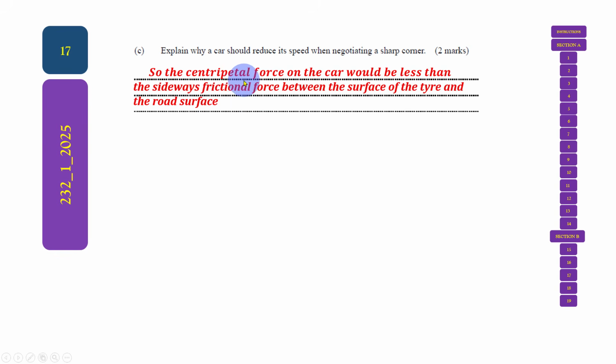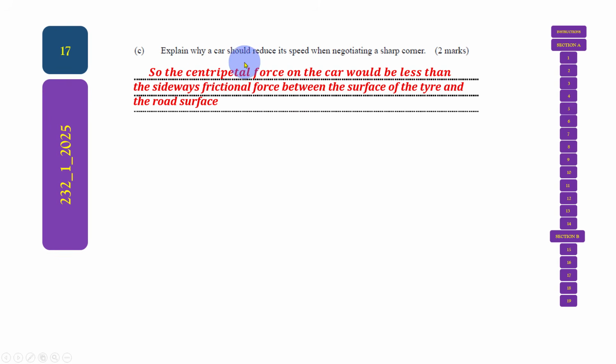It should be less than, because if the centripetal force required by this car to move around that circular track is more than the frictional force, then the car is going to skid and probably move into a ditch. So the centripetal force on the car should be less than the sideways friction force between the surface of the tire and that of the road surface.